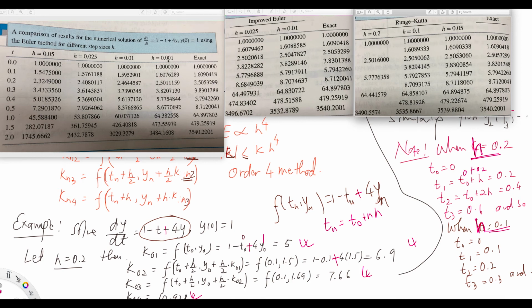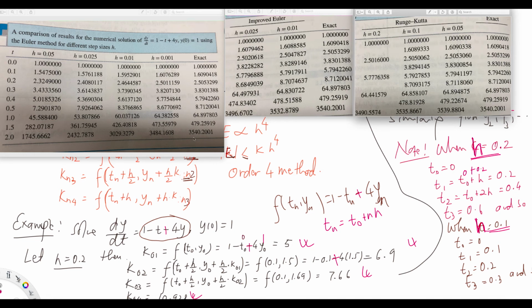Even when h equals 0.001, a very small step size, the exact value is far away from the approximated value. It is not as far as when h equals 0.05. When you decrease the step size, the error is lower, but the value is not very close, right? Because it is 16 plus 40, almost 56 units away.